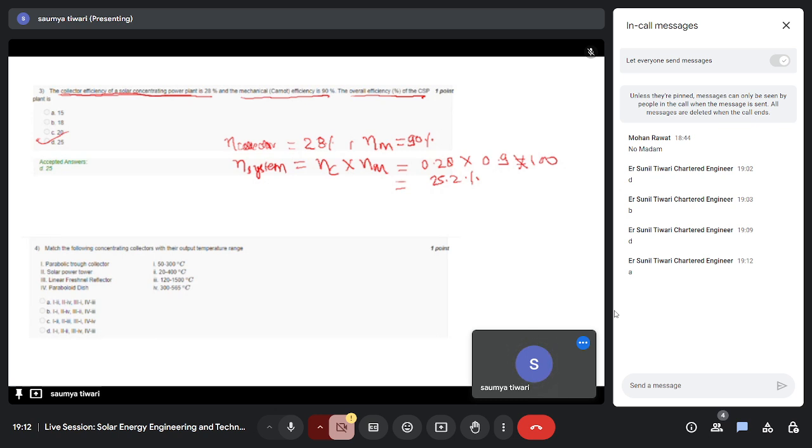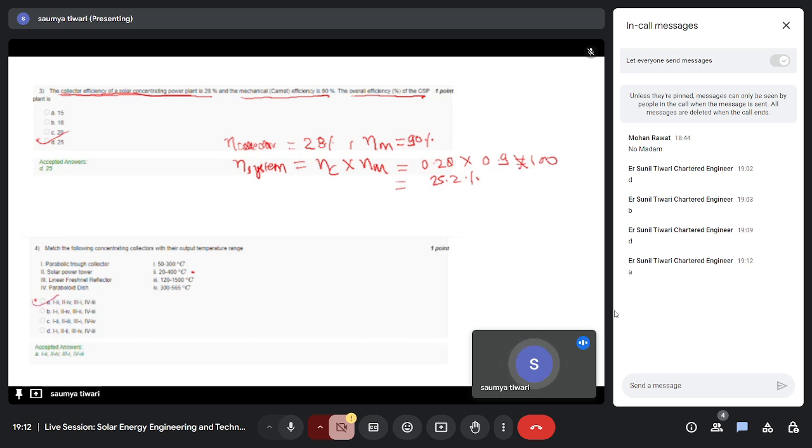We got one of the answers, option A. So let's see the answer. What we know is for the parabolic trough collector, this option will be there. So it's option A only.